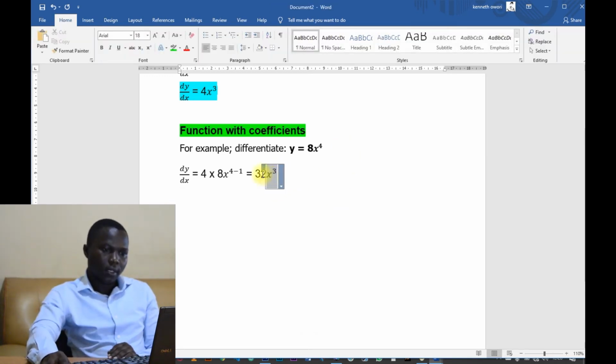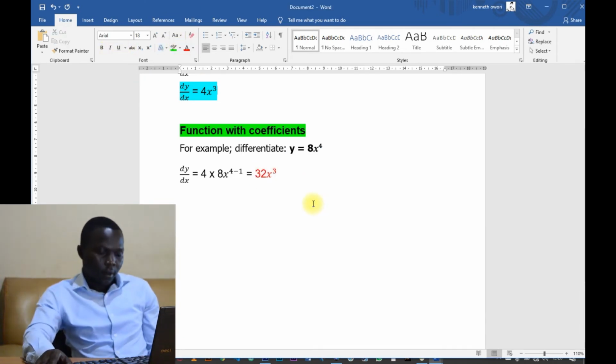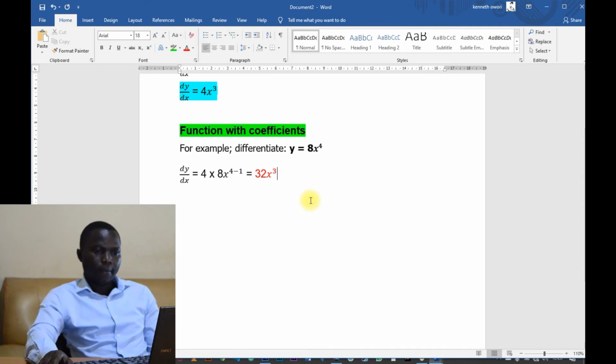So our derivative would be 32x power 3, because when you multiply 4 by 8x we get 32x, and then if we reduce the power by 1 we get 4 minus 1, which becomes 3, and that is how we can differentiate an expression having a coefficient.